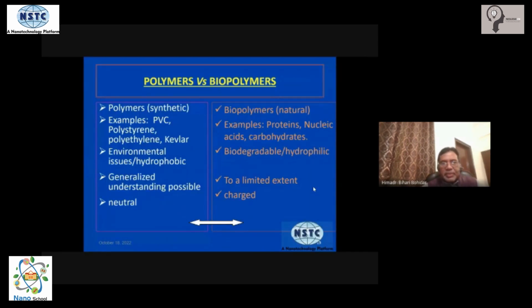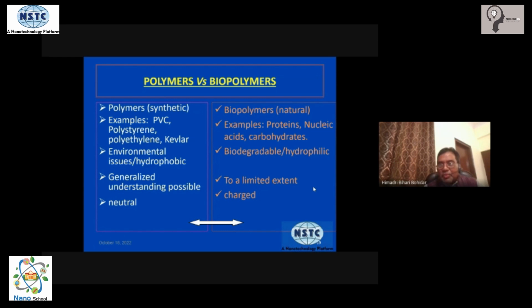Now the comparison between a synthetic polymer and a biopolymer is, the synthetic polymers are, of course, as I've been saying repeatedly, not biodegradable, not environmentally friendly, not soluble in water, most of them. And most of them don't carry any surface charge. They are neutral. That's the reason they're hydrophobic.